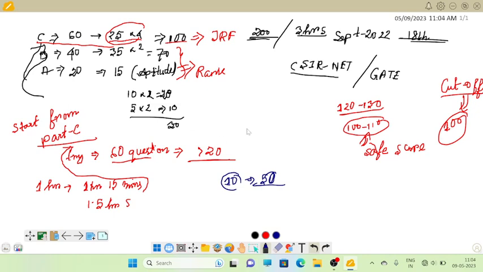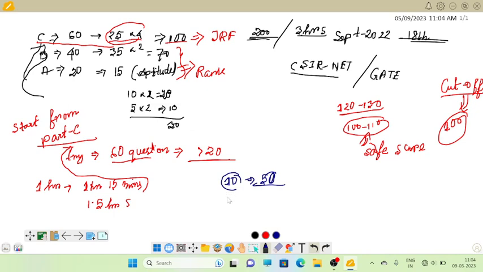CSIR-NET is very easy to qualify compared to GATE, because in GATE we have to get a good rank and attempt all the questions. So if you are getting the answer at first glance, please do it.